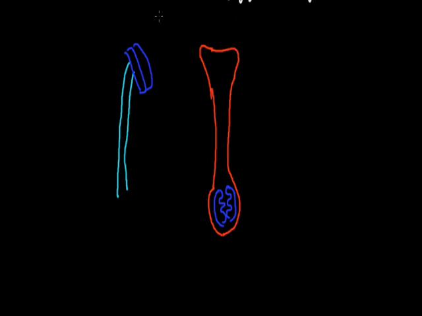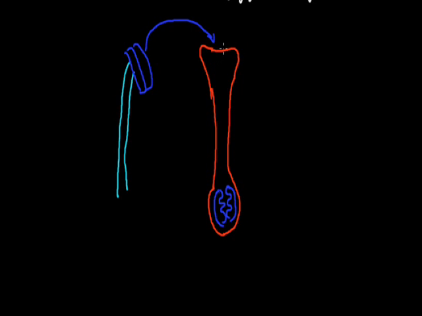Now the male reproductive part is called stamen, and stamen consists of two parts, filament and anther, which contains many pollen grains. Now in the pollination process, pollen grain lands from the anther to the stigma of the same flower or a different flower.